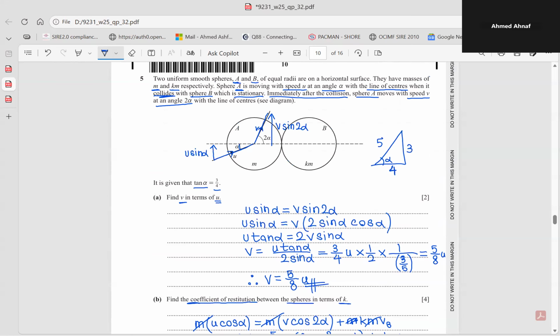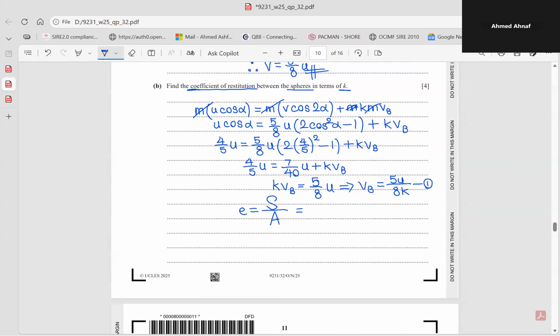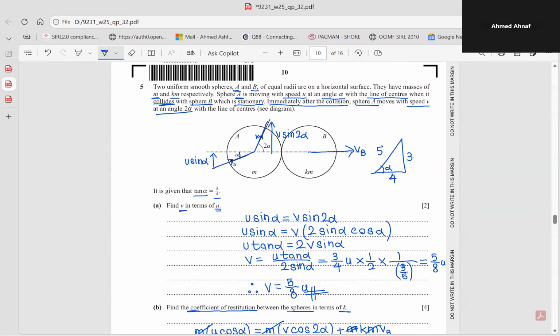If you visualize quickly which direction B would go, common sense tells you B is going in this direction. Since the final velocities of both A and B, at least horizontally, are in the same direction, both VA and VB are positive. So it's just VB, 5u over 8k, minus VA.